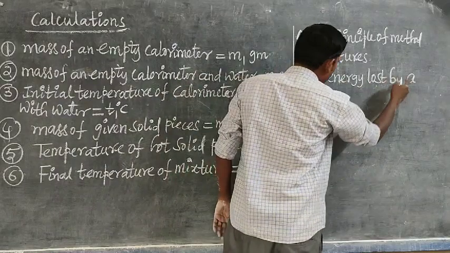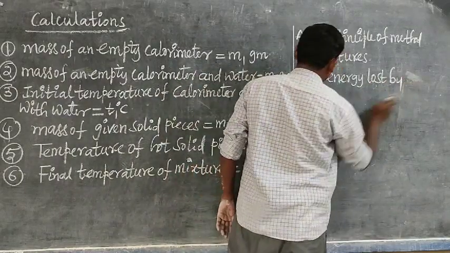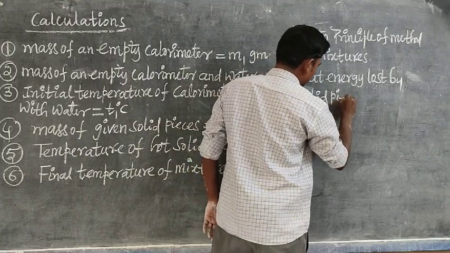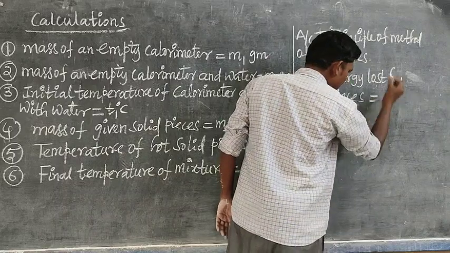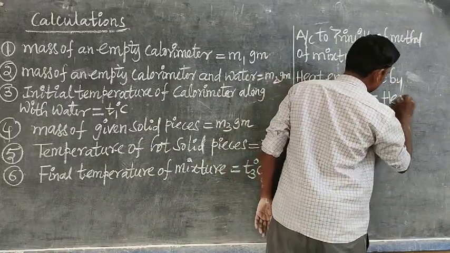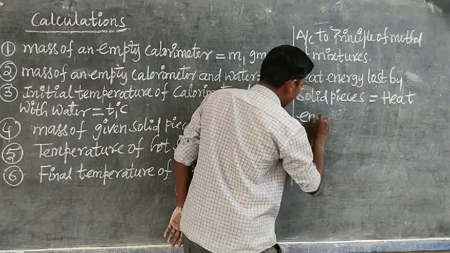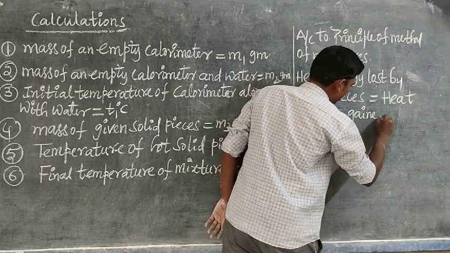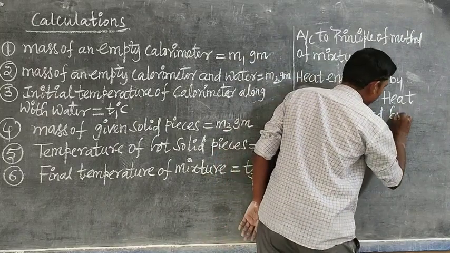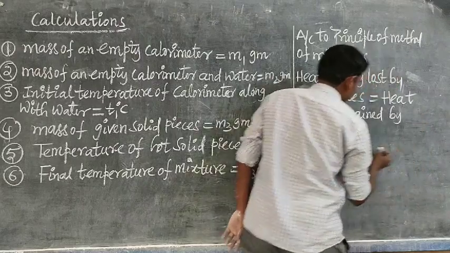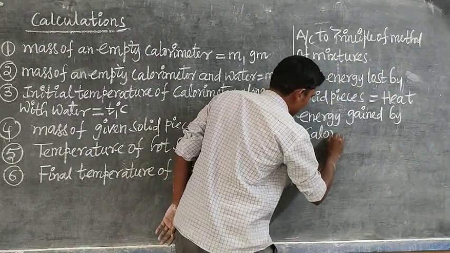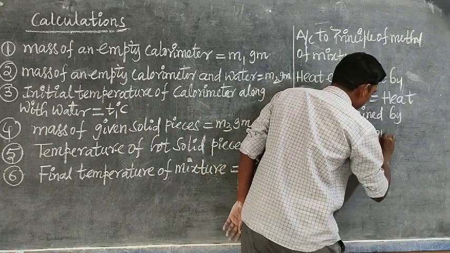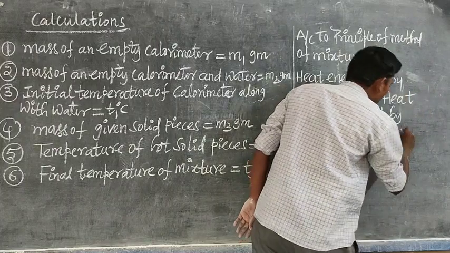Heat energy lost by solid pieces is equal to heat energy gained by calorimeter and water.